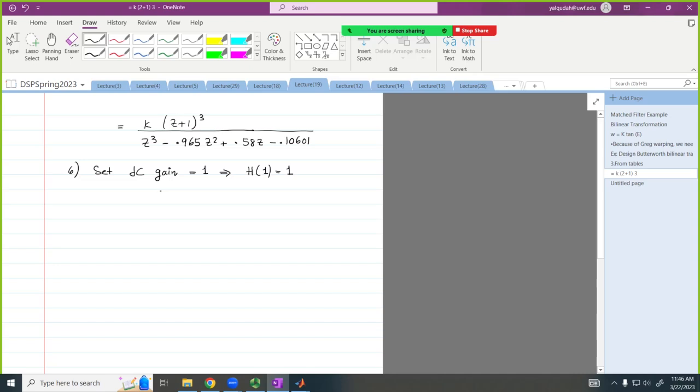And therefore, we can calculate the value of K. And K is going to be 0.06385. And therefore, now we can write our difference equation. y of n is going to equal 0.965 y of n minus 1 minus 0.58 y of n minus 2, etc.